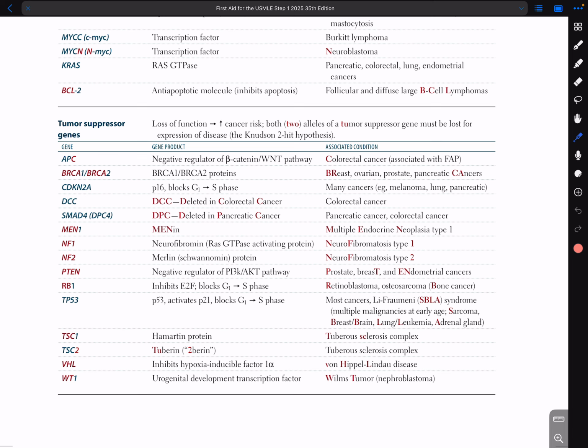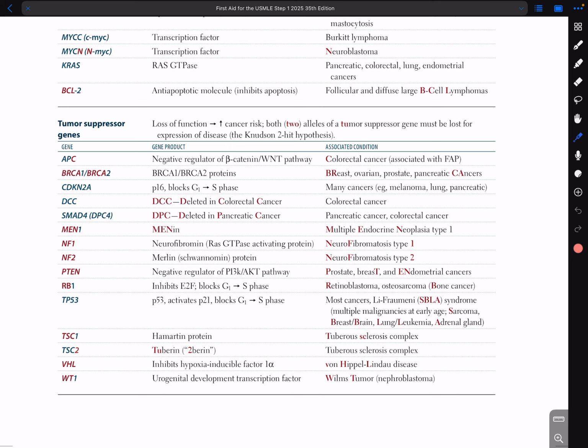Our first tumor suppressor gene is APC. APC is associated with colorectal cancer and FAP, familial adenomatous polyposis. The gene product is a negative regulator of beta-catenin, the Wnt pathway.